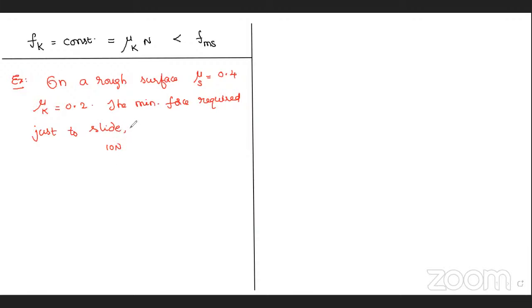That 10 newtons, when I am applying just to slide, is applied after coming into motion. I'm not using that 10 newtons to bring it into motion. I applied that much force after coming into motion.